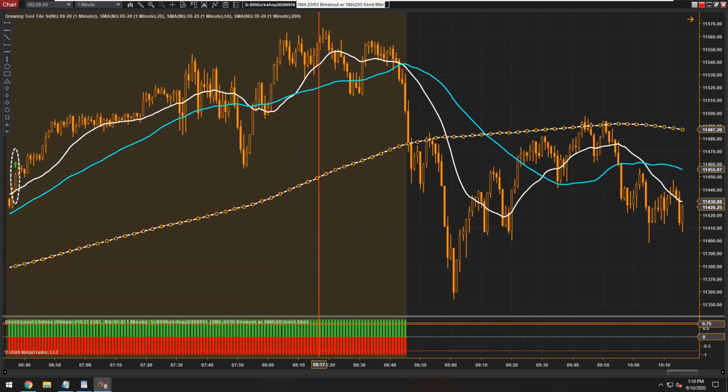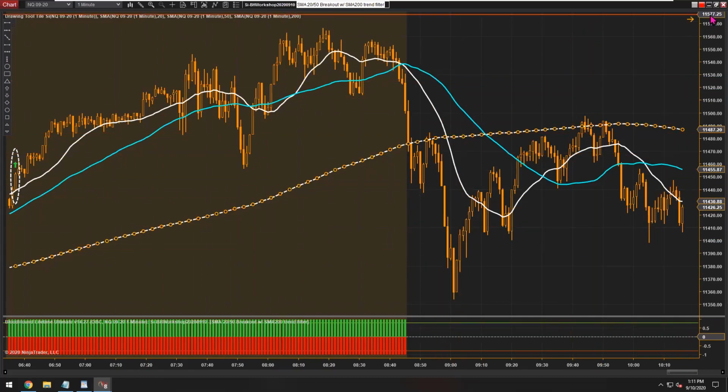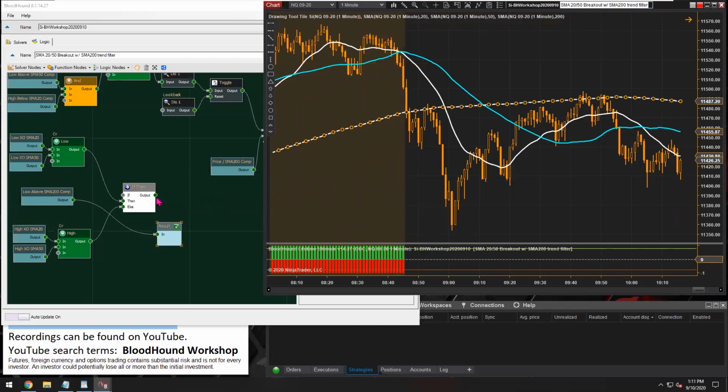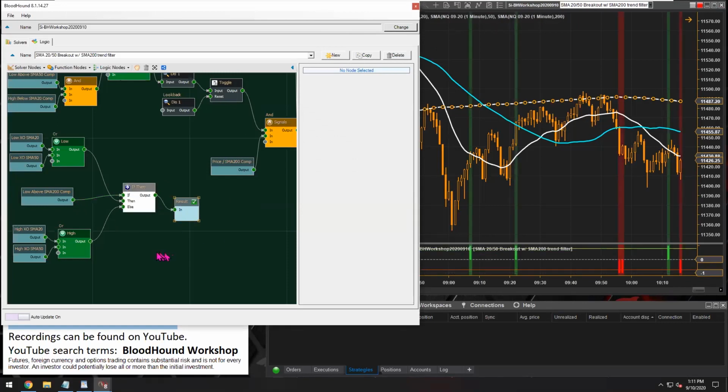So this solver is on when we're looking for long signals, and it is off when we're looking for short signals. That would be the appropriate control for the if-then node here.